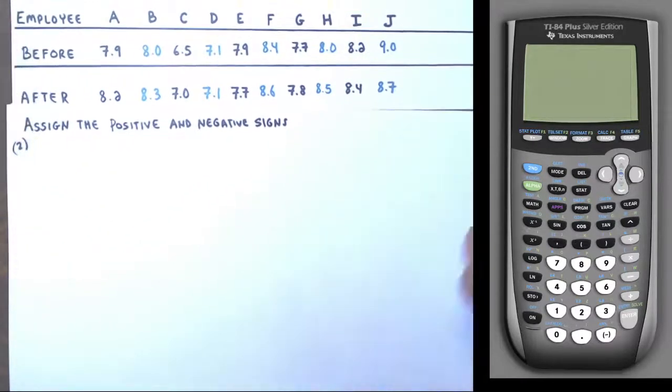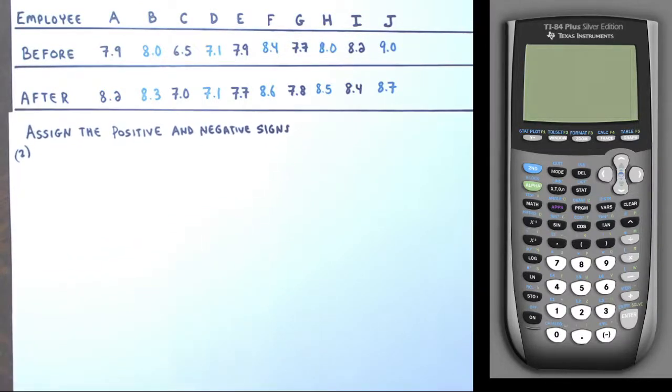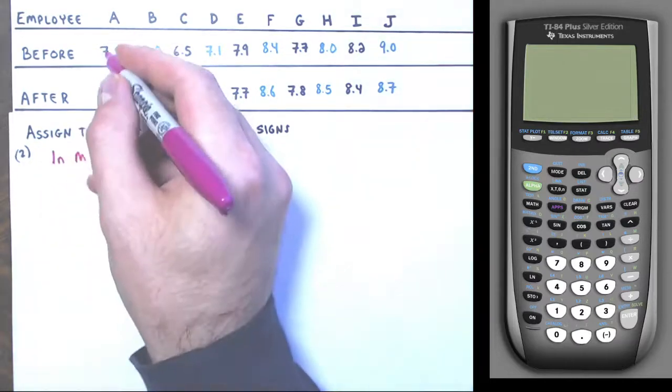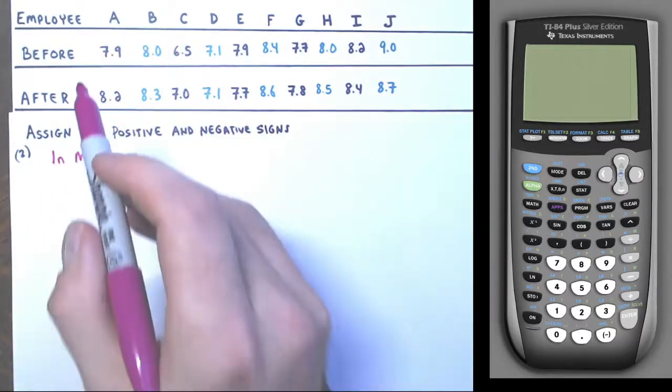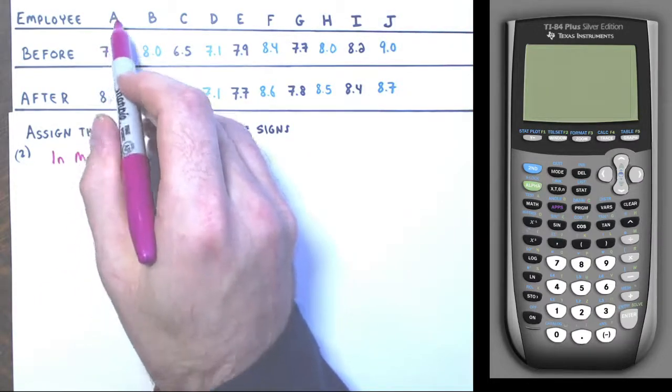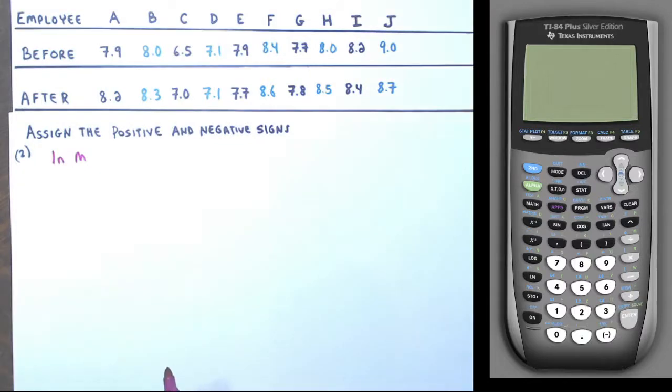Well, in the matched pairs examples, like I have here, these pairs of data are dependent. They rely on the same person, the same individual.